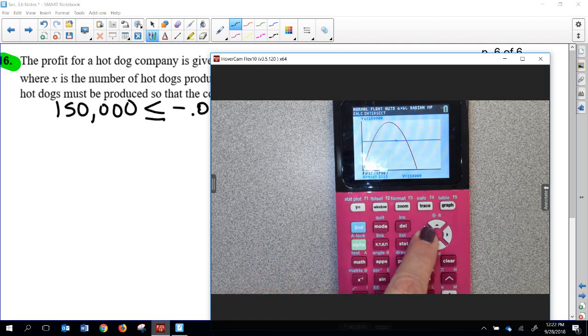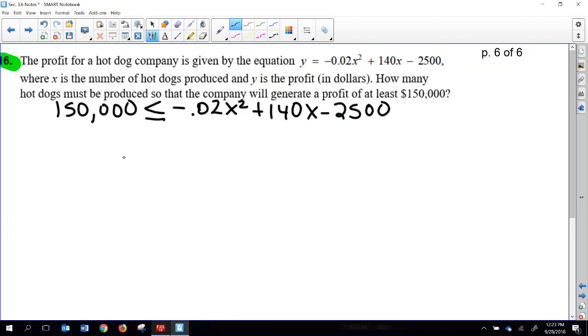Get over there close to the first one. Enter, enter, enter. So as long as we make 1,000, let's do it like this. We'll say X is our number of hot dogs. So if the X value we make is 1,349, okay, now think about this, guys.